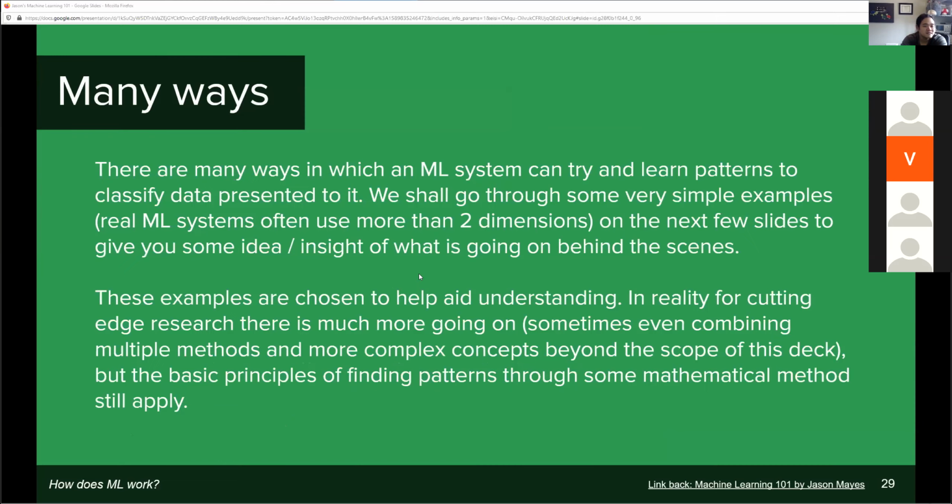So there are many ways in which a machine learning system can try and learn patterns to classify data presented to it, okay? And machine learning systems definitely use more than 2 dimensions of data. I'm actually working on a research project right now, which is my PhD, where we're trying to figure out the same type of thing.